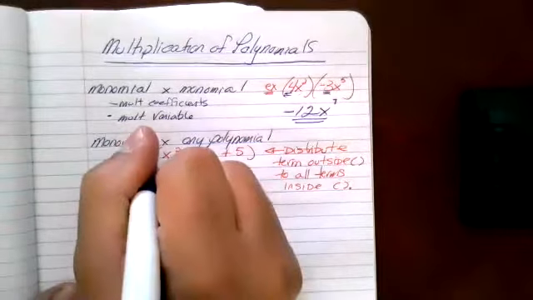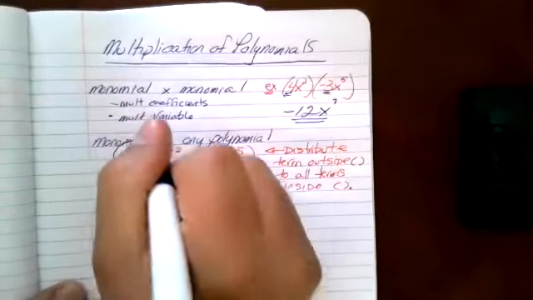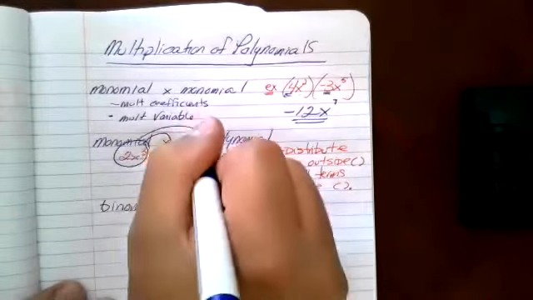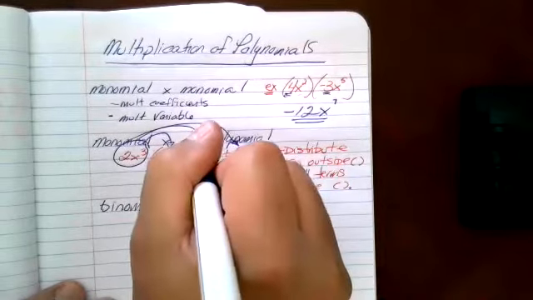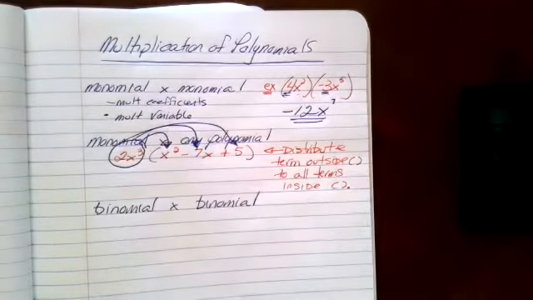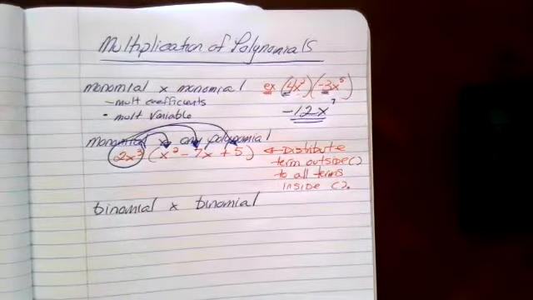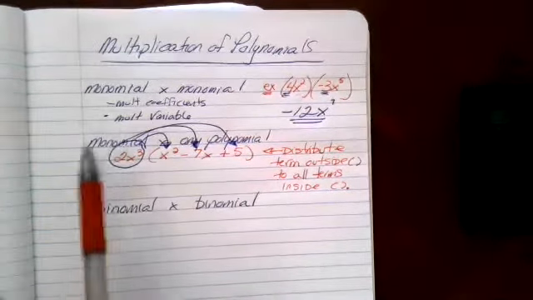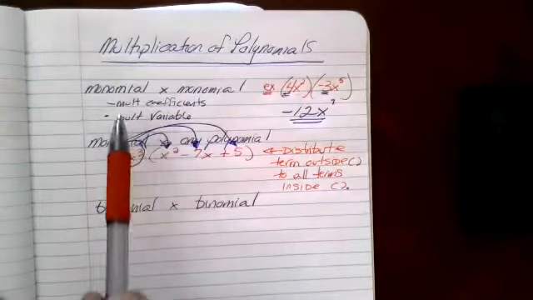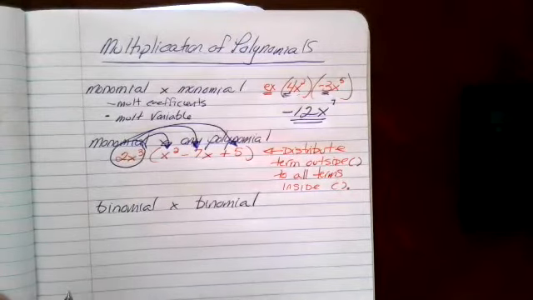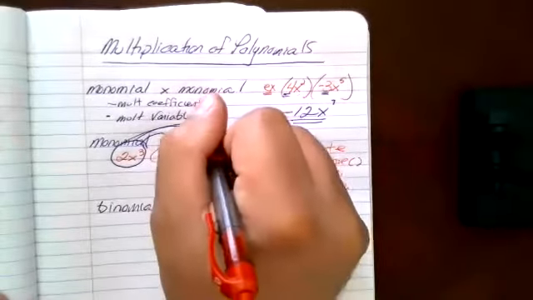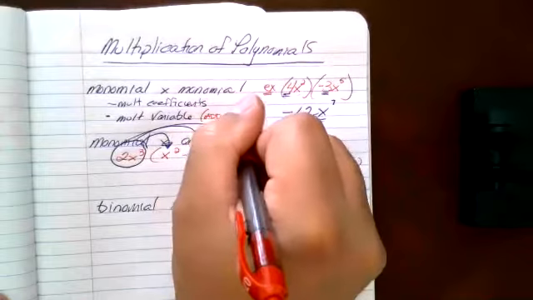So we're going to take this 2x cubed and multiply it to each one of these terms. And again, when I multiply, I follow the same procedure. I multiply the coefficients, and then I multiply the variables, which means add exponents.